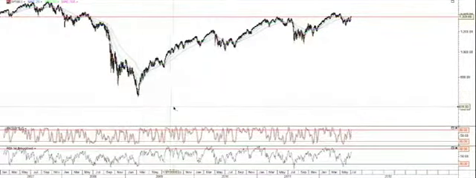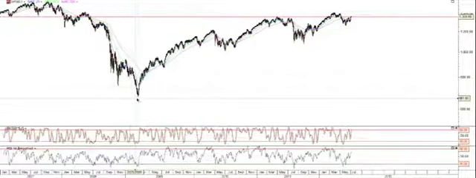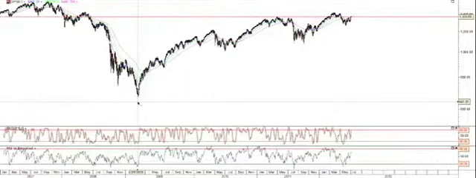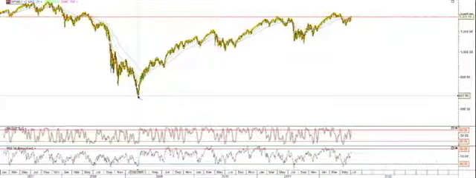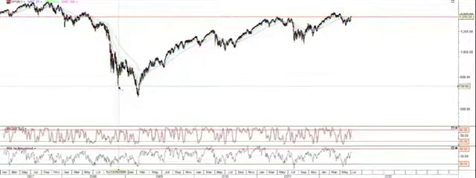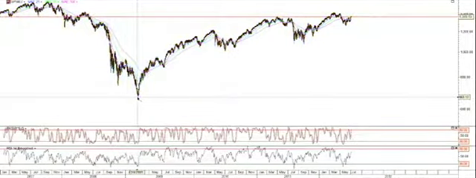Now, the divergence that I like to talk about is when the price action makes a lower low, while the graph in the RSI makes a higher bottom. When that occurs, there's a big chance of a huge rally happening. For example, after the crash in late 2008, early 2009, we had a spike down, a rally up, and then even more of a spike down, a total crash, where the S&P went down to, I think, 666.